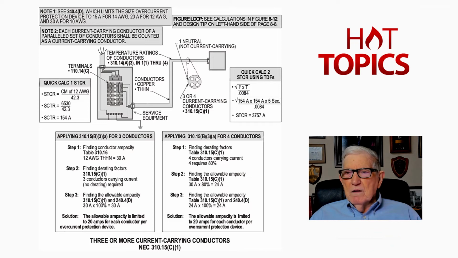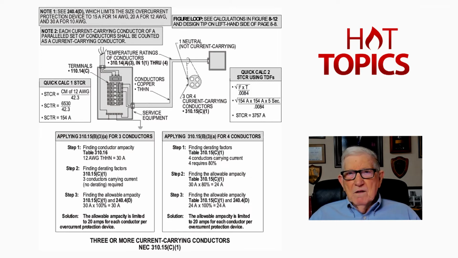So if you had a half cycle, it'd be 0.0167. You would have 2 cycles times 0.0167, and you'd come up with 0.0084 seconds.